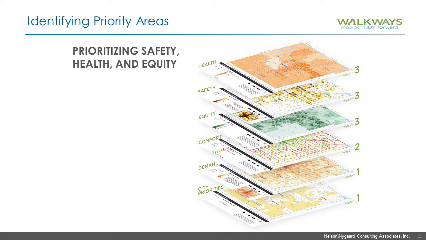I'll show an image, but we got public input in various ways. But ultimately what we decided was that things like health and safety and equity were most important, that they were weighted in terms of when we thought about all of these different factors which are represented by the maps, things like lighting and street width and speed and demand, what we would call generators, places where people want to walk or will walk from.